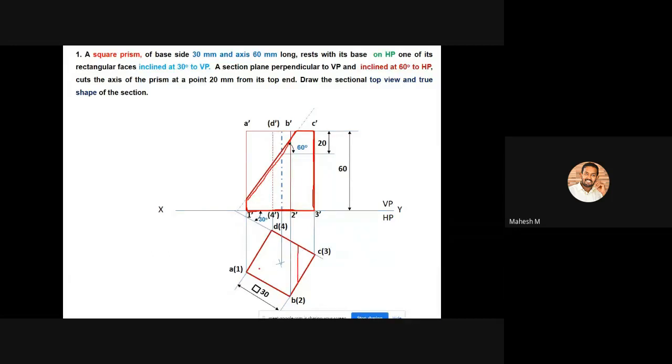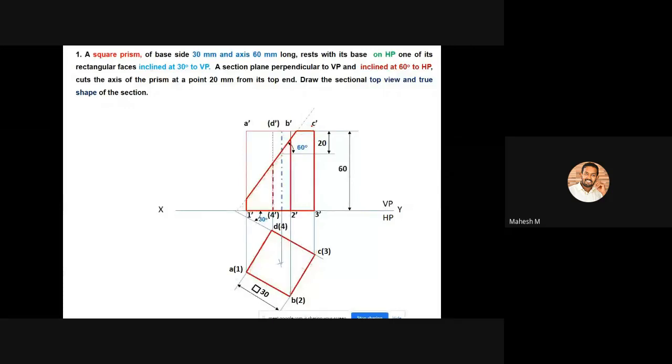After that, you can create sectional lines at an angle of 45 degrees with an equal distance of 2 mm, like this. Your cutting plane touches only in this particular surface. It does not touch this surface, because there is no sectional surface at this point.